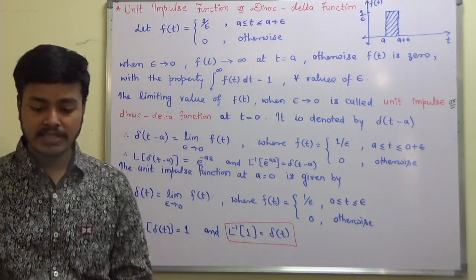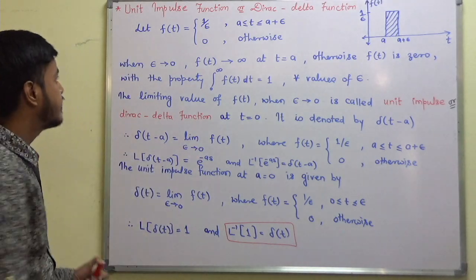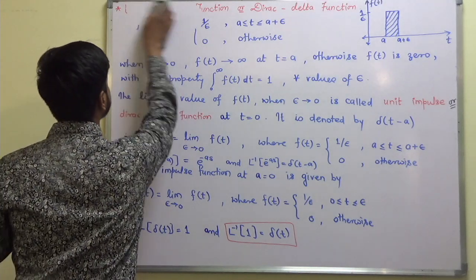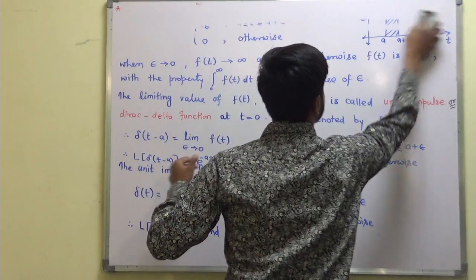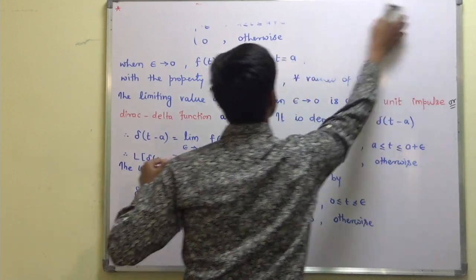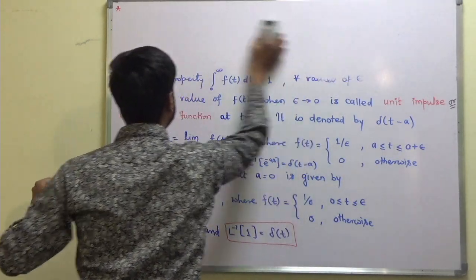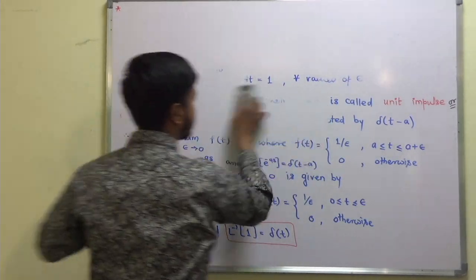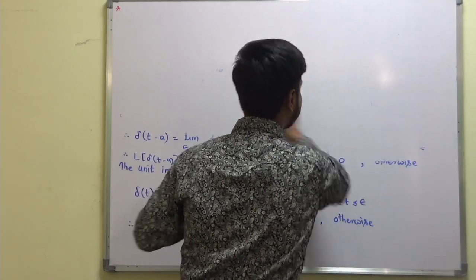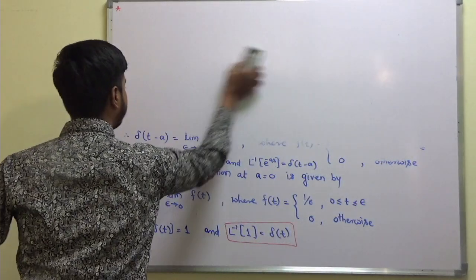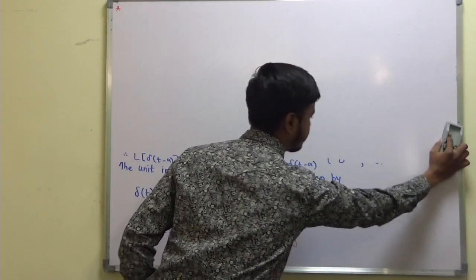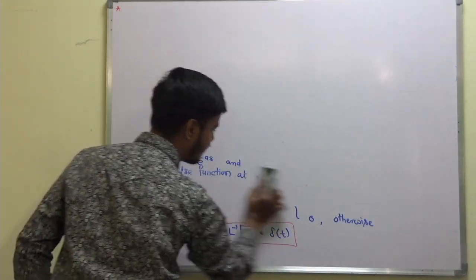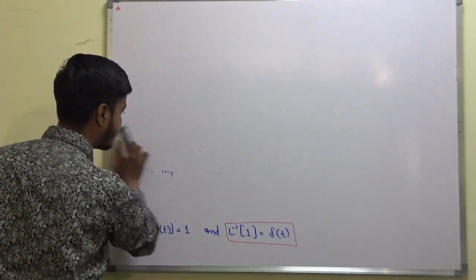Now after this we have another function, which is the periodic function. The periodic function is very well known to you. So can anyone define what a periodic function is? A very simple definition is there.